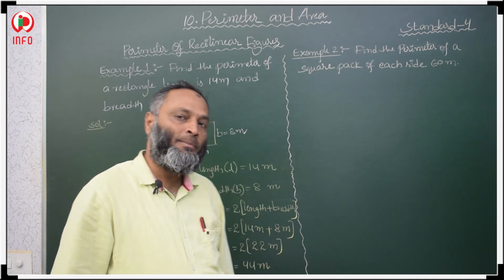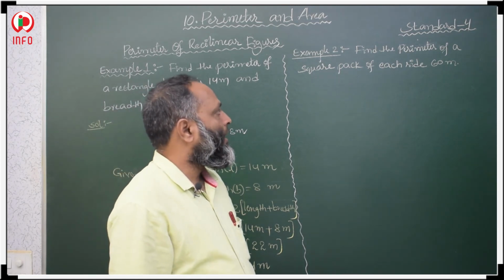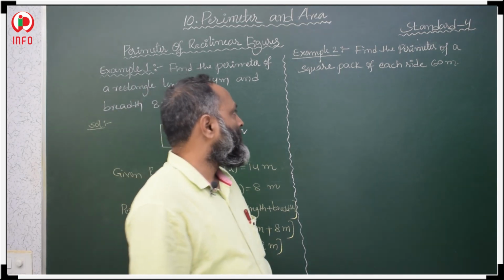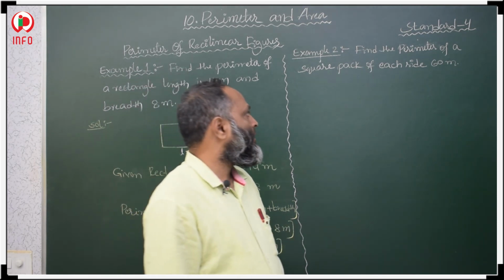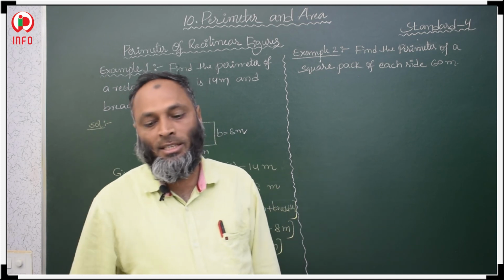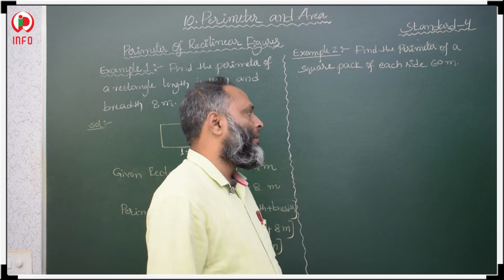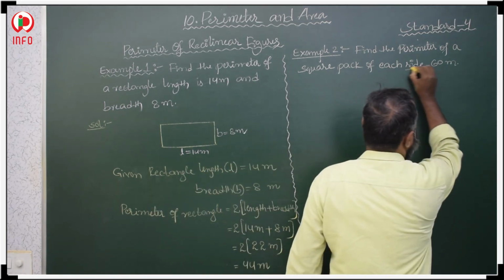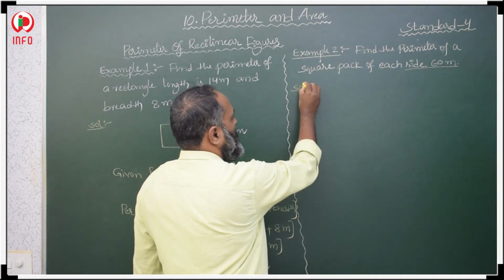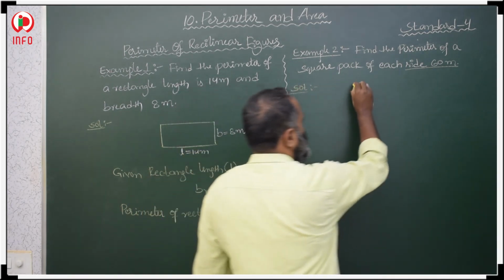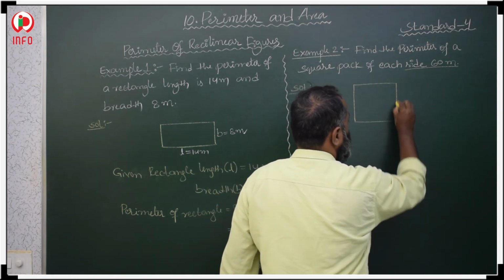Next, in the second example: find the perimeter of a square park of each side 60 meters. A square park is given, and its side is 60 meters. If the side is 60 meters, what is the perimeter? So this is a square park.